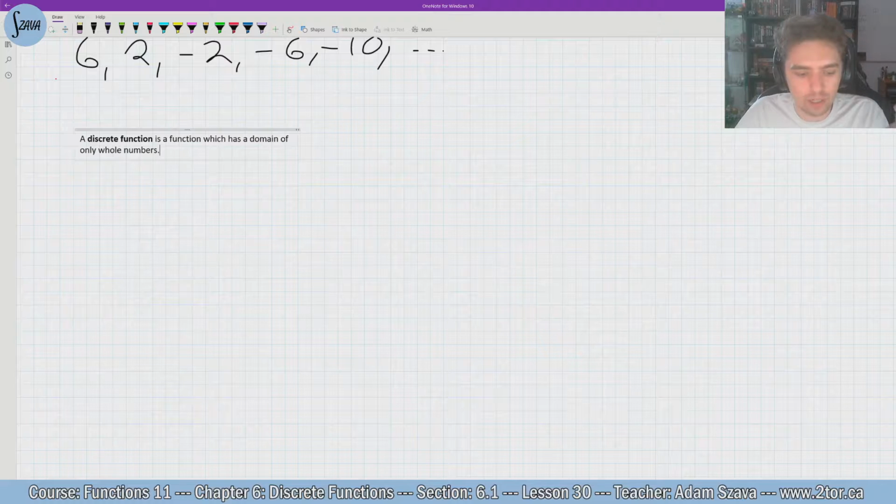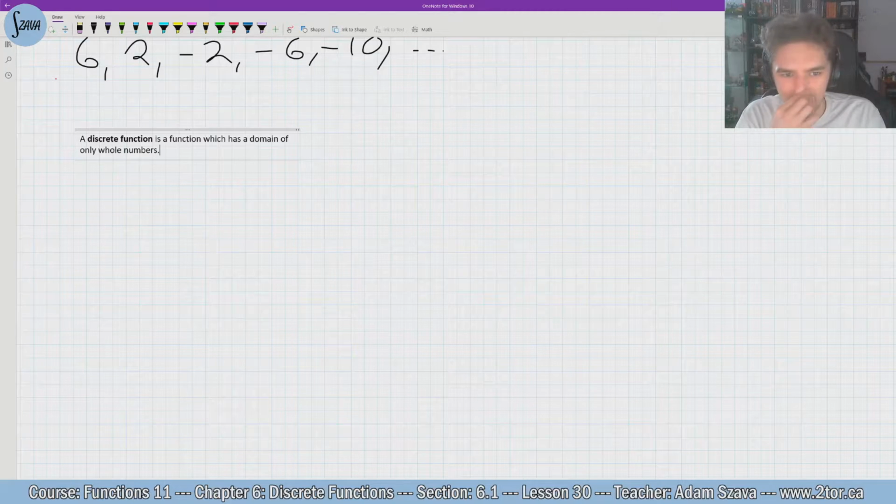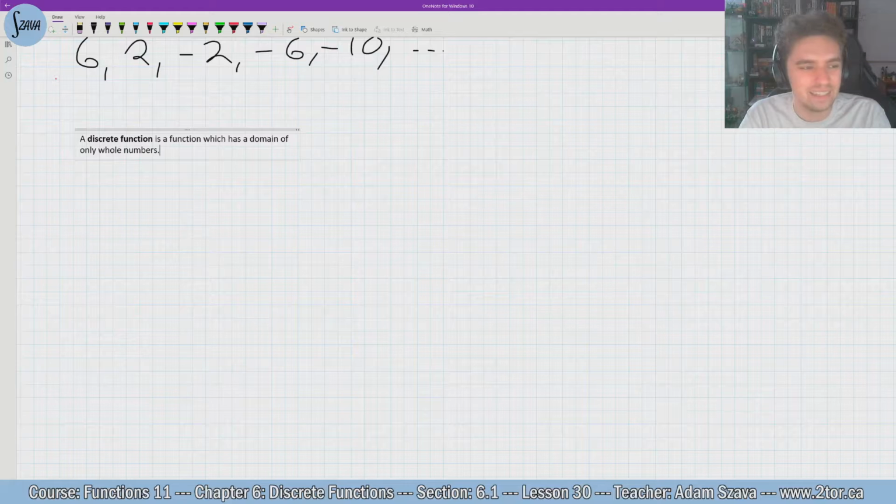For example, the number of cars in a parking lot is a discrete measurement because there can only be a whole number. If you measure how many cars are in every parking lot in the world, you're never going to have 2.5. Obviously if someone cuts a car in half, whatever, but that's not a real car anymore. So just counting, you're always going to have a whole number of cars in the parking lots.